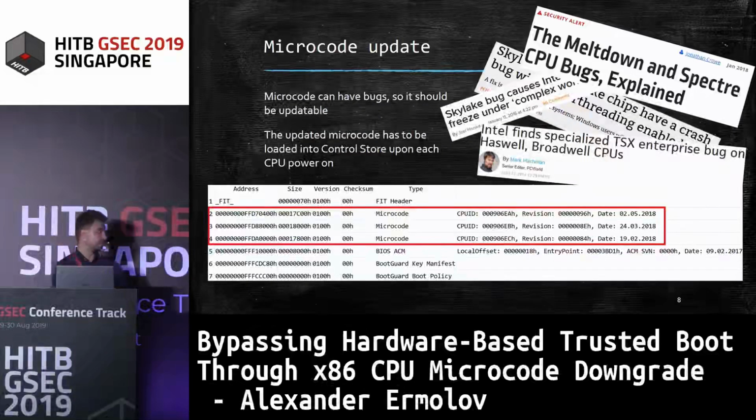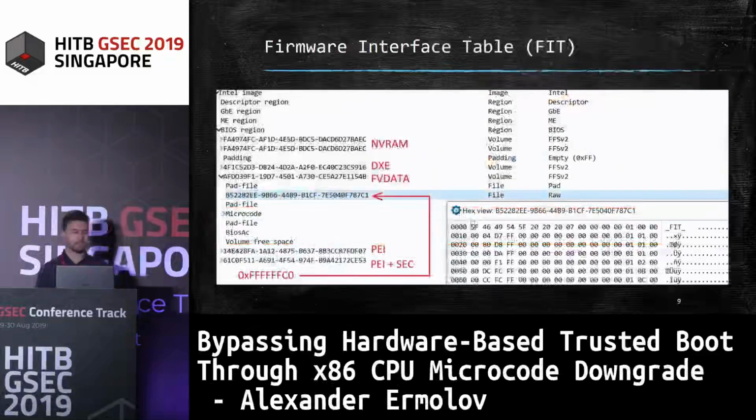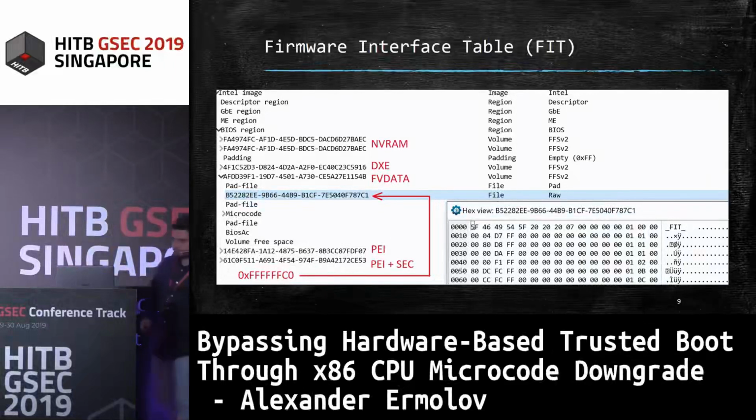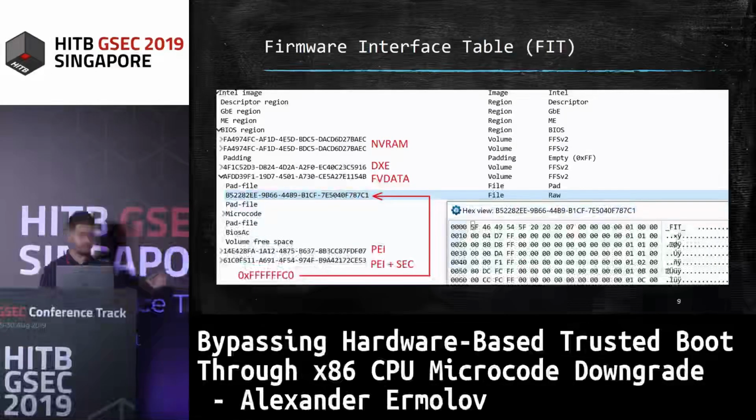A few words about this firmware interface table. It is a part of the firmware image. It's stored in the BIOS region, and its pointer is located at this address in the memory when the SPI flash image is mapped into the memory of the CPU. So that's how the CPU can find this table and load microcode updates automatically.